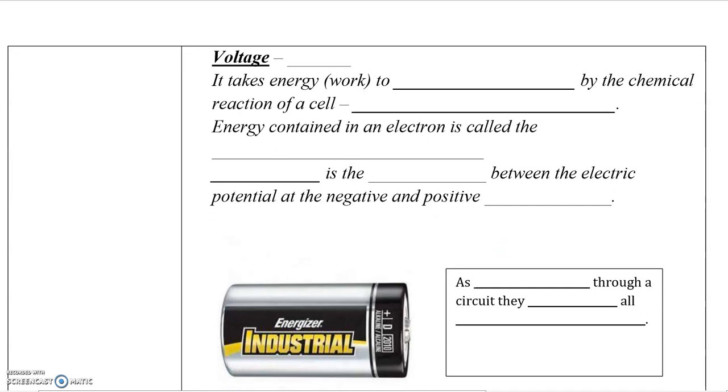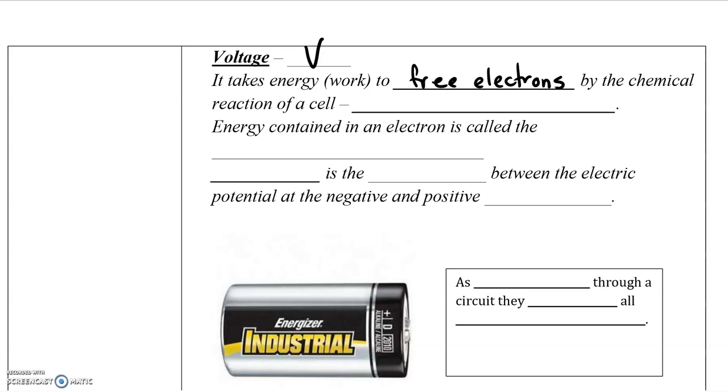The next thing that's really important in the Ohm's law formula is voltage. So we call voltage V. It takes energy or work to free electrons by the chemical reaction of a cell.